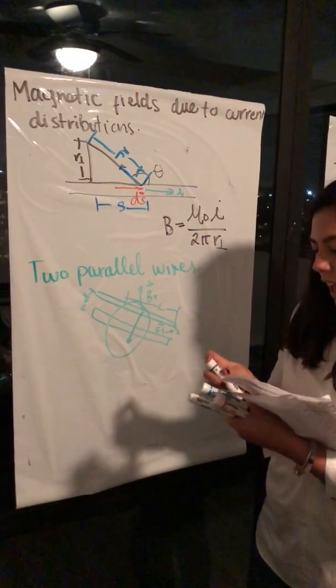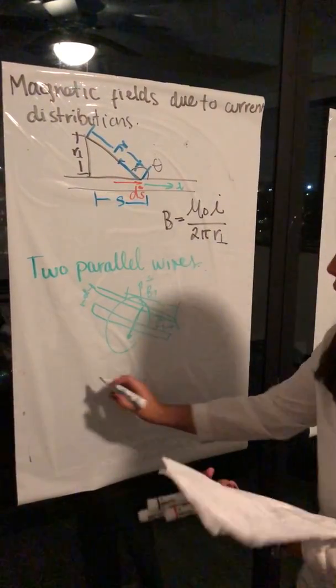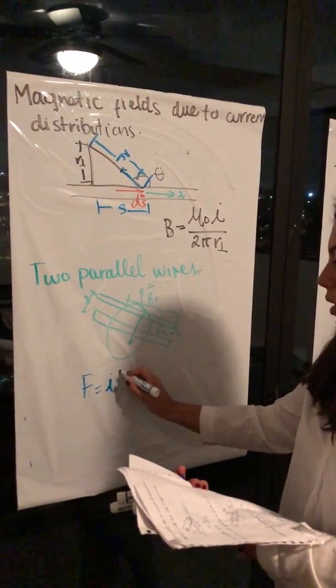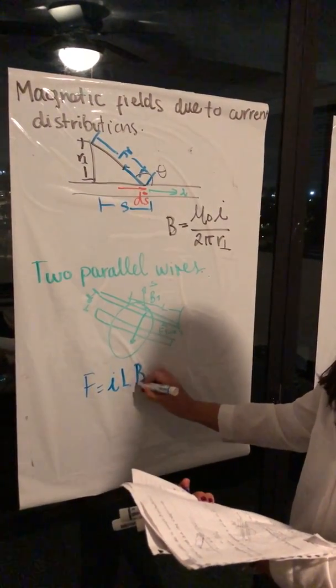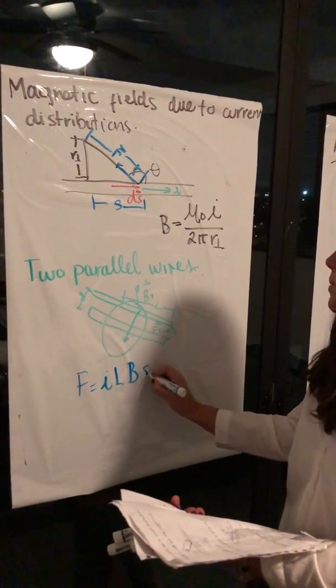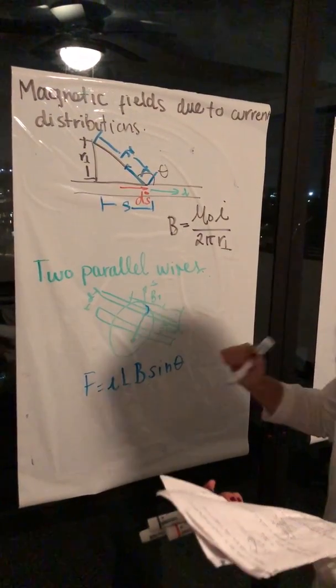The force on either one of them would be given by the general equation: the current times the length of our wire times the magnetic field acting on the wire, times sine of theta.